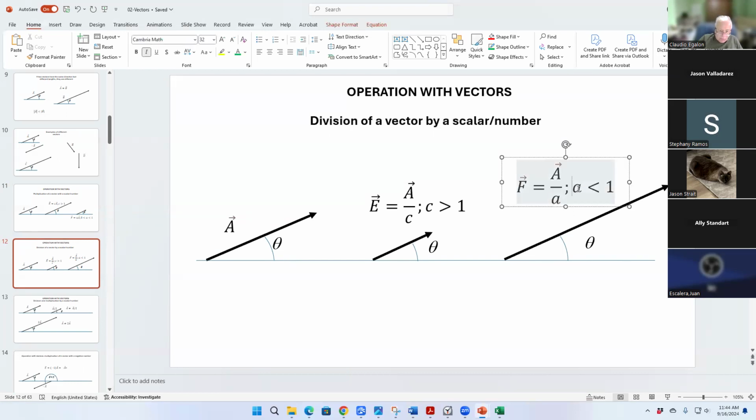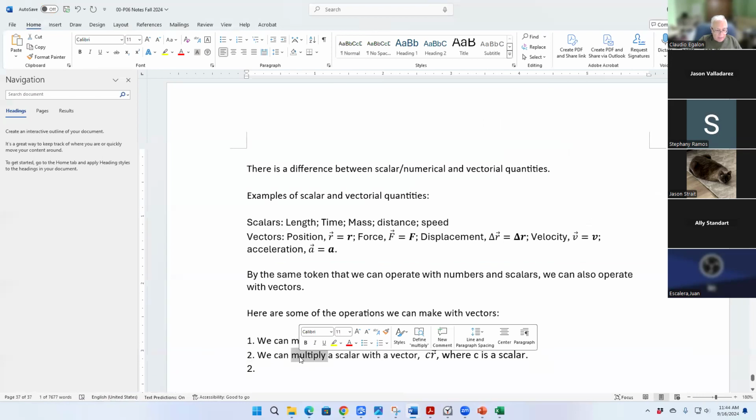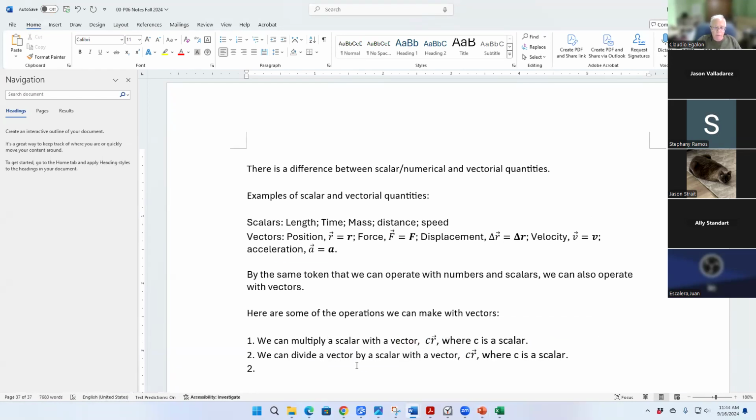Similarly, if this other scalar is between 0 and 1, when we divide the vector by this scalar, the vector becomes longer, okay? So we can divide a vector by a scalar.